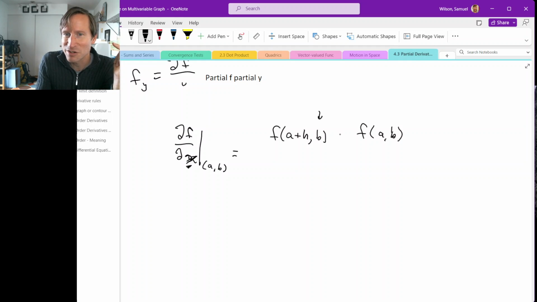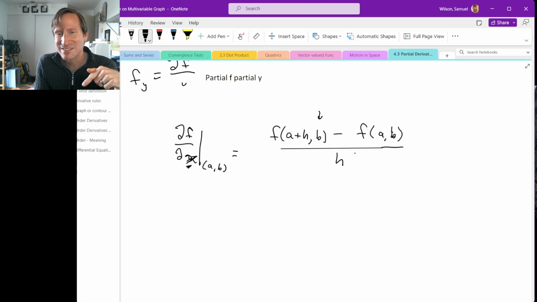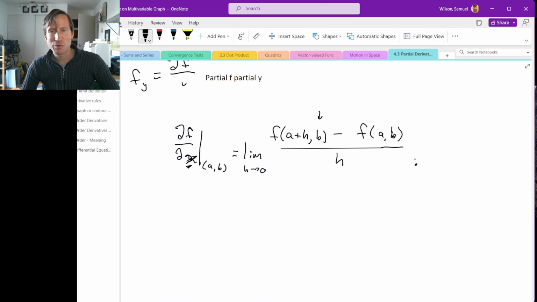So subtract those to get the change in f, and then divide by the amount we changed the input variable x, and that amount was h. And now we need to slide these two points closer to each other, so we need to take a limit as h goes to 0. So this is our derivative. This is our partial derivative with respect to x.